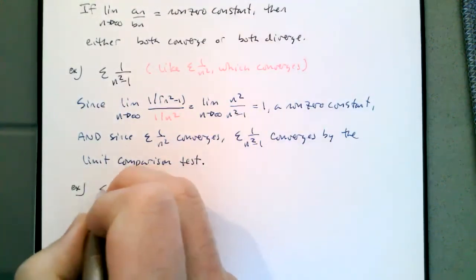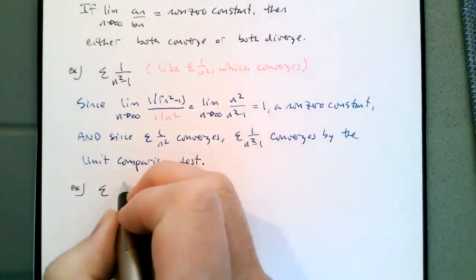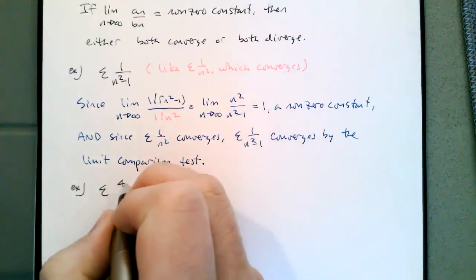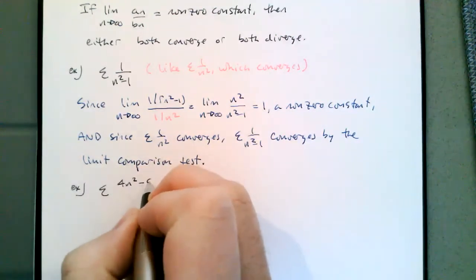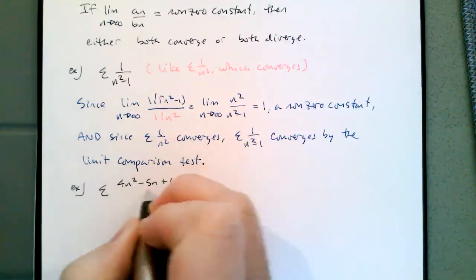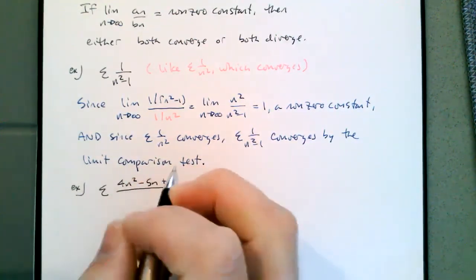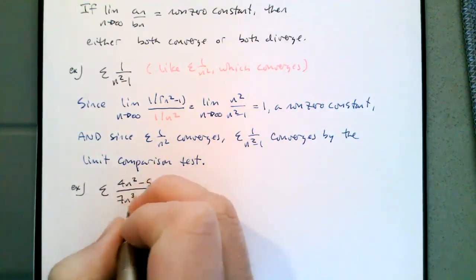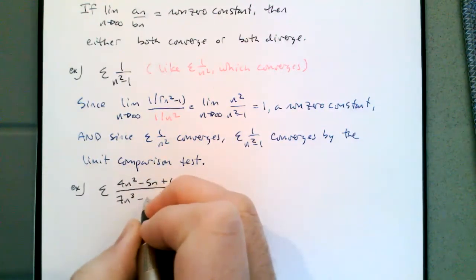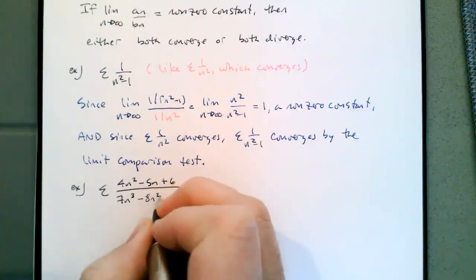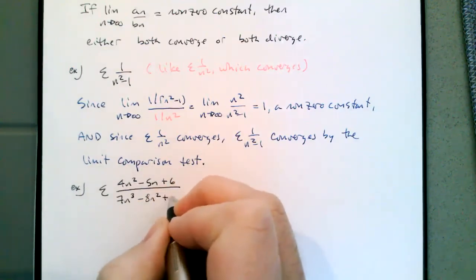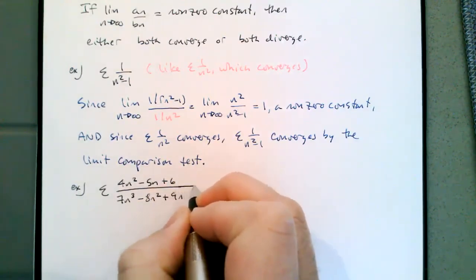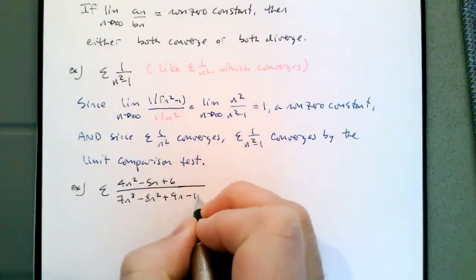So for example, if we've got a series that looks like 4n squared minus 5n plus 6 over 7n cubed minus 8n squared plus 9n minus 10.